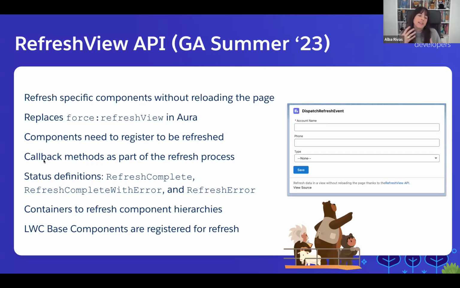Also, it has more flexibility, because as part of that refresh process, you can add a callback method that is going to execute after the refresh has happened, and that was not available in force refresh view. There are also some status definitions that you can use to have more control of the different phases your component is going through.